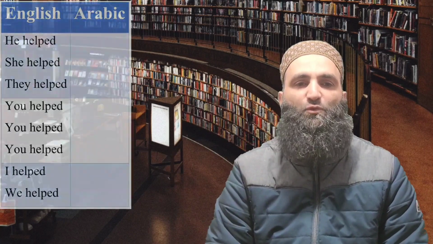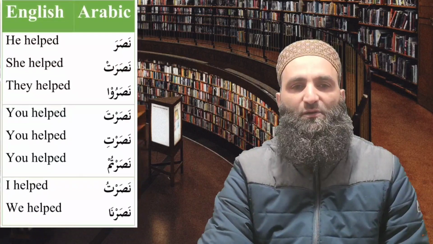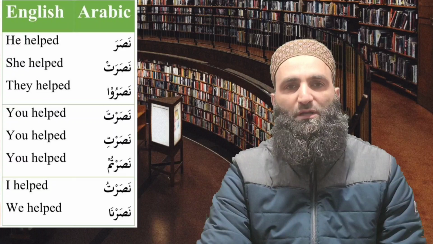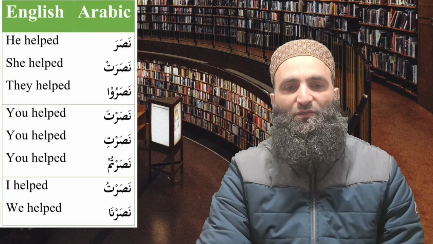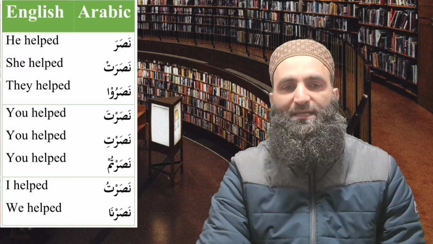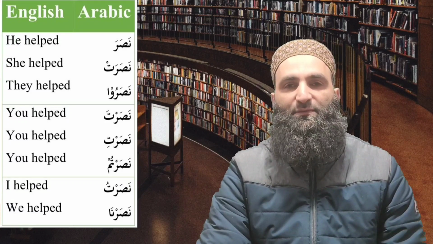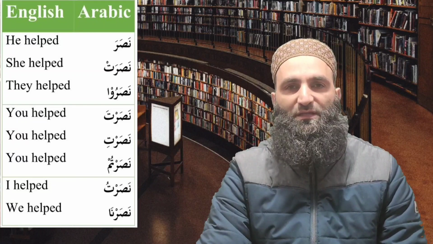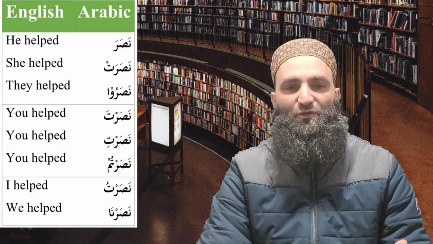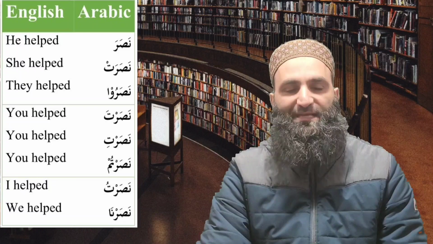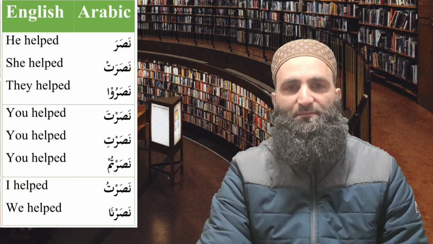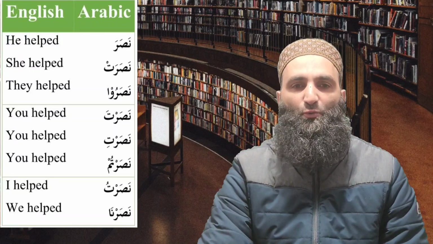But in Arabic we say, for example, nasara for he helped, nasarat for she helped, nasaru for they helped, nasarta you helped, nasarti you helped, nasartum you helped, second person plural, nasartu I helped, nasarna we helped.